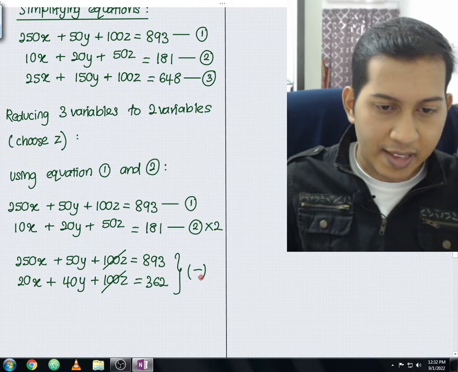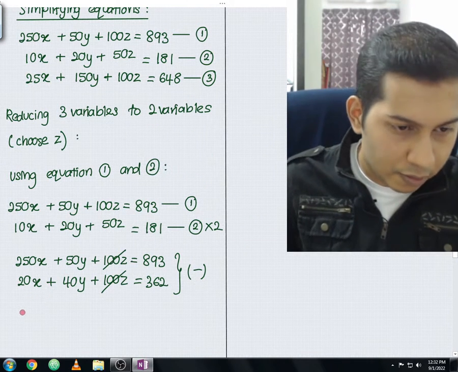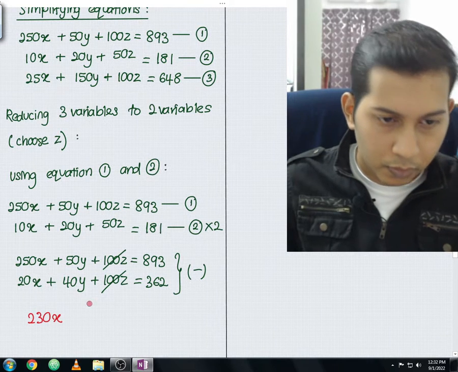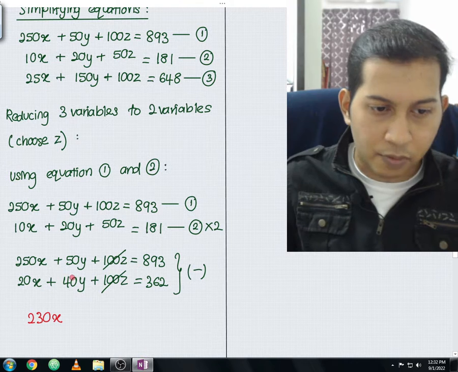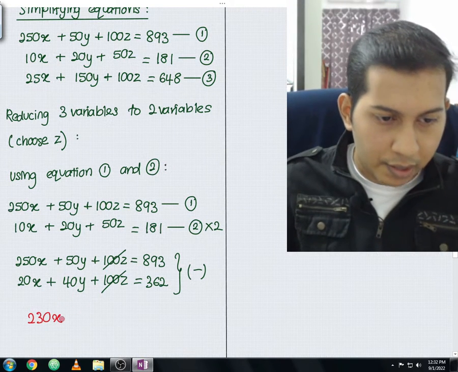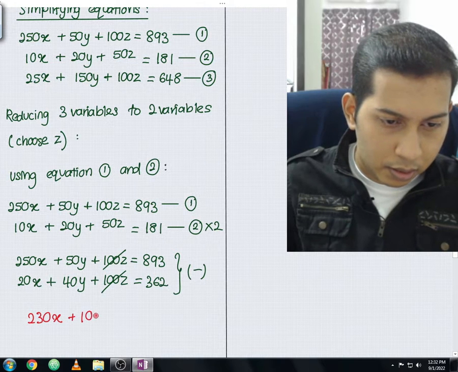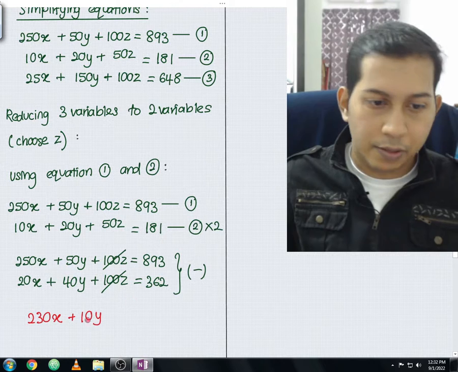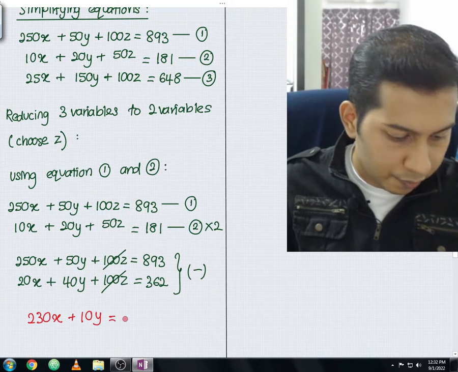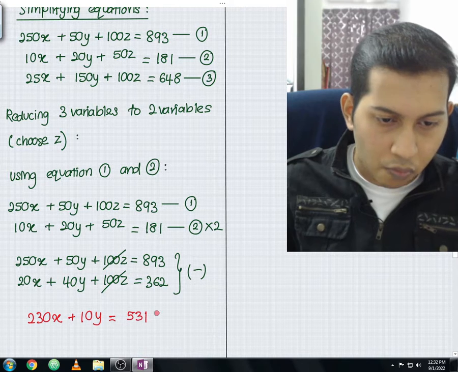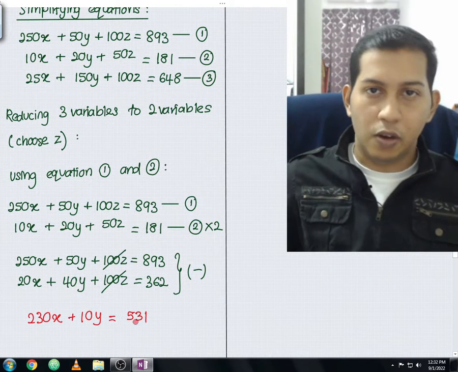So 250x minus with 20x, you get 230x. 50y minus 40y, you get positive 10y. So 230x plus 10y, and 893 minus 362, you get equals to 531. So this will be your fourth equation.